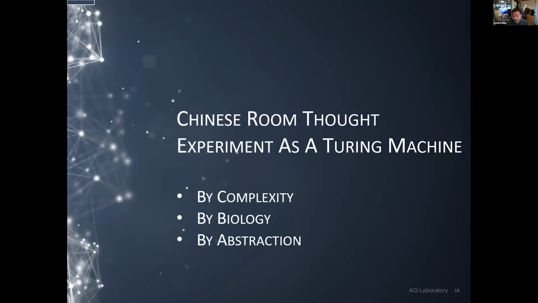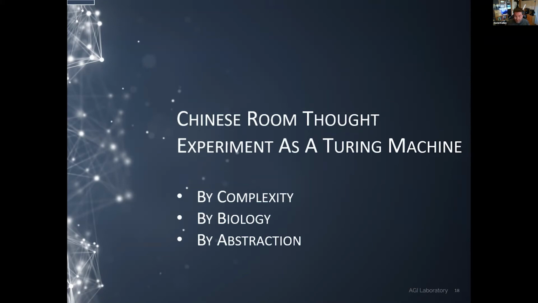If I think of the Chinese room as a Turing machine, where the person inside still doesn't speak Chinese, but he might be following a much more complex system where he's storing different values, and based on how those values are, even though he doesn't understand what he's doing, he's just doing these comparisons, following these rules.